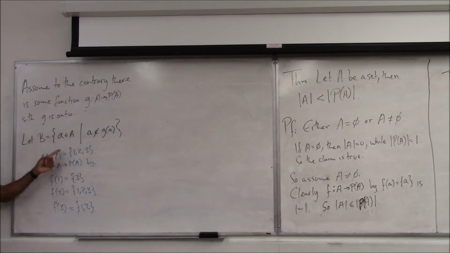The power set of A contains 8 elements, and these are 3 of them.